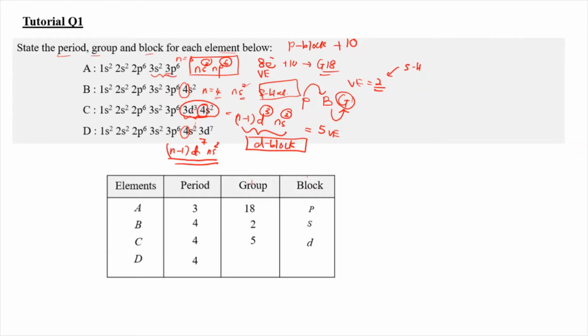The 3d and 4s can be interchanged, depending on the question. So n minus 1, d7, and ns2 means it is located in the d block. To determine the group, we look at the valence electrons: 7 plus 2 gives 9 valence electrons, so it is located in group 9. So this is how we do tutorial question 1.